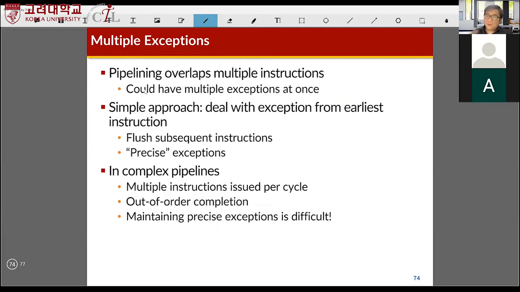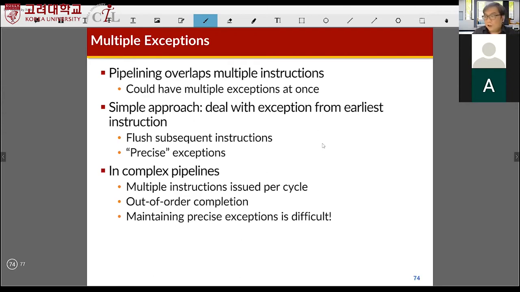And then also the more difficult case is when multiple exceptions happen in different stages of the pipeline processor. That is also a very rare case, because an exception is normally a rare case, but if multiple exceptions happen in different stages of the pipeline processor, it is even more rare.